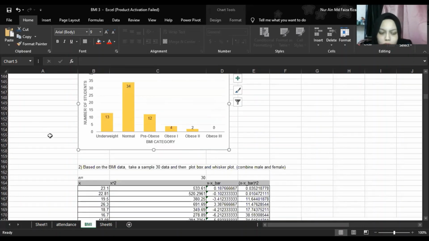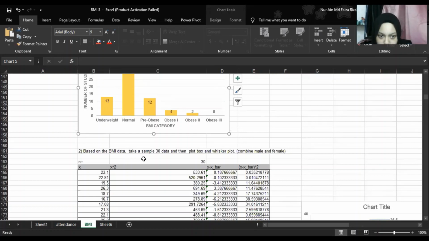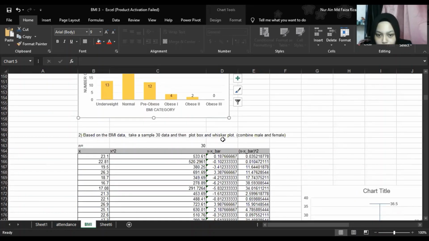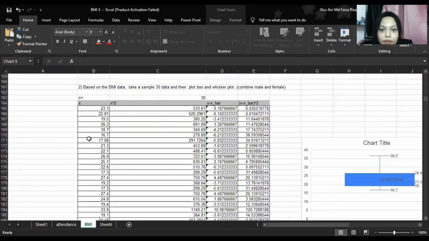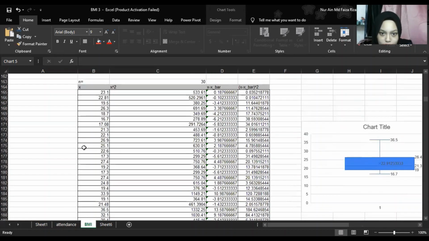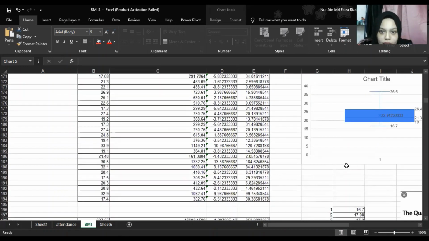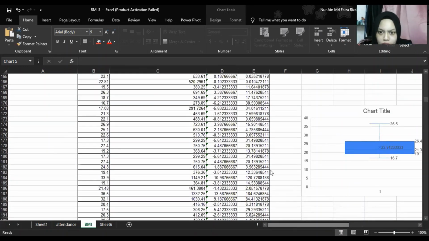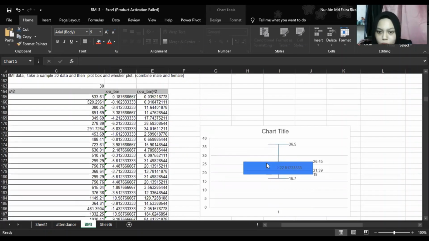The second question is based on the BMI data: take a sample of 30 data and then plot a box and whisker plot, combining male and female. These are the data that I've taken randomly, 30 data, and this is the box and whisker plot.